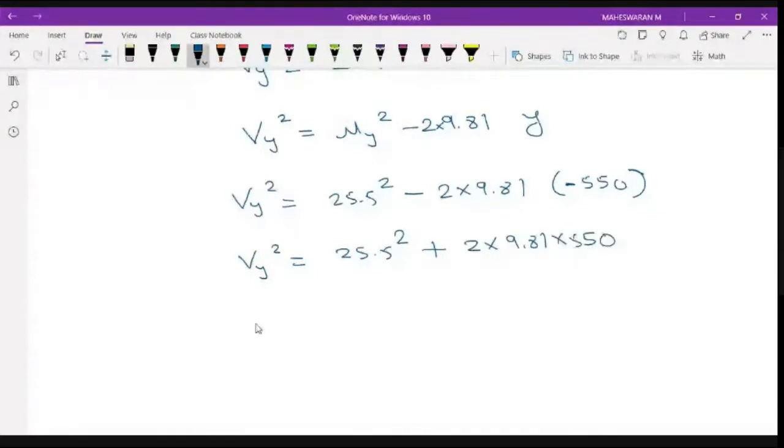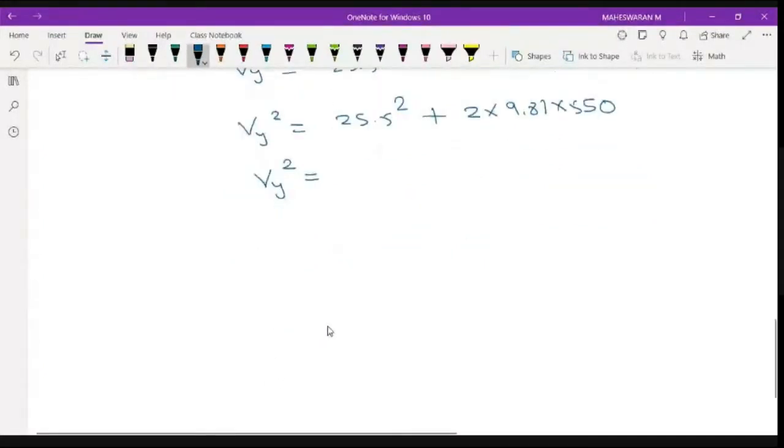What is your Vy square? After you identify Vy square, you can also identify what Vy is.